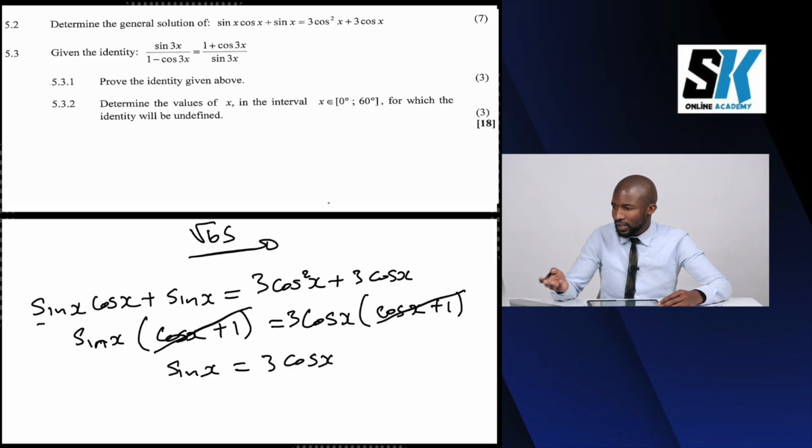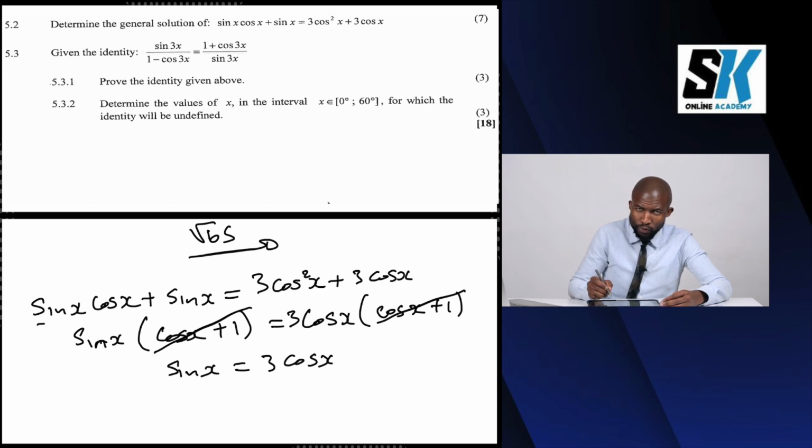We are looking for the general solution. We are trying to simplify this thing. So we can continue with this equation by having one trig ratio, if that is possible. Well, it is possible, because if we again divide by cos x on both sides, we're going to be left with a tan x.